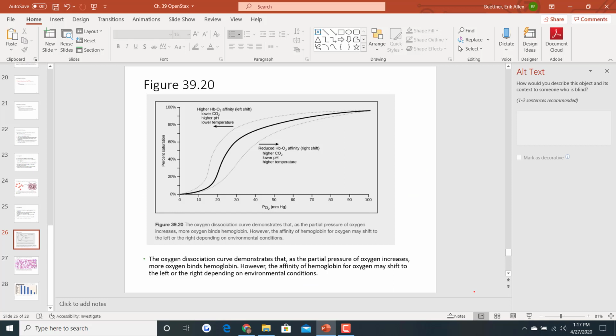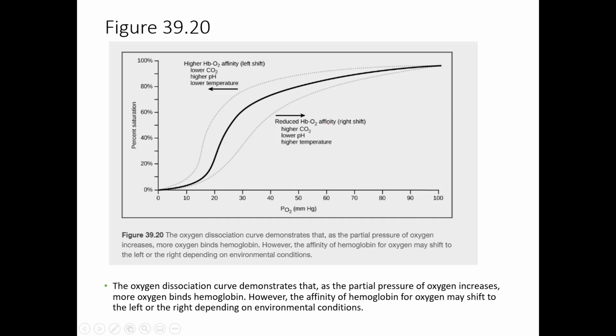All right, on this chart you see what's called the oxygen dissociation curve of hemoglobin. So this shows how hemoglobin is attracted to oxygen based on some factors. And the normal attractiveness, or affinity, of hemoglobin for oxygen is the black line.